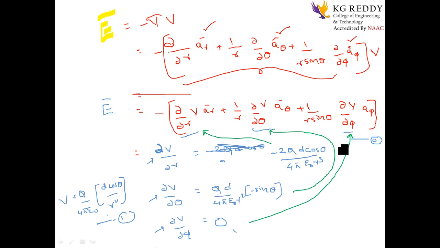After substituting, you will be getting the electric field intensity as E bar is equal to, so this is the final equation I am writing. Before that you need to do one or two steps where you substitute all those values which you got through dou V by dou r, dou V by dou theta, and dou V by dou phi. Finally, this is the result which you will be getting.